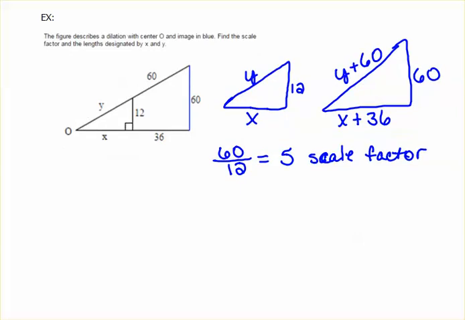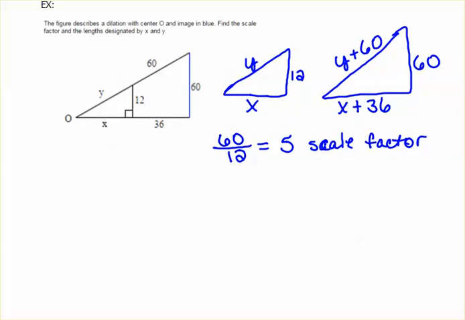Well, and again, we can use that to figure out what x and y are, because we know that this side here, the x plus 36, has to equal 5 times that original one of x. So whenever I subtract x from both sides, we get 36 equals 4x, or x equals 9.